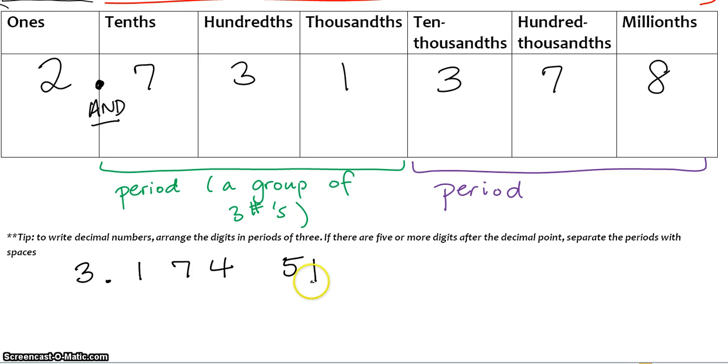I'm just going to rewrite this because I want to make sure that I'm not spacing it out too much.